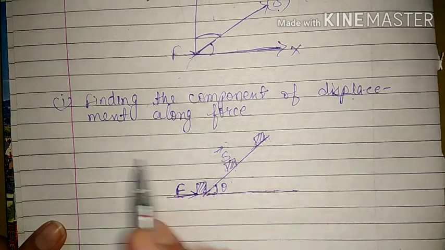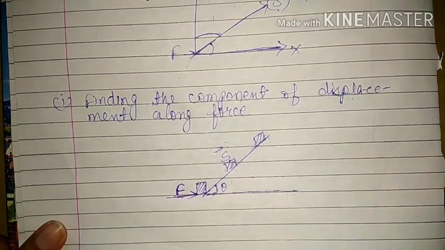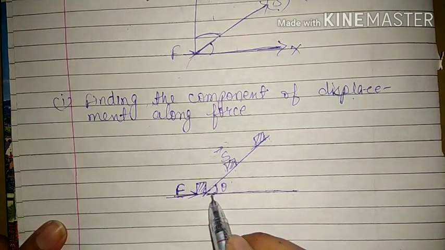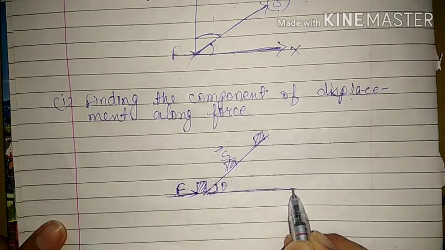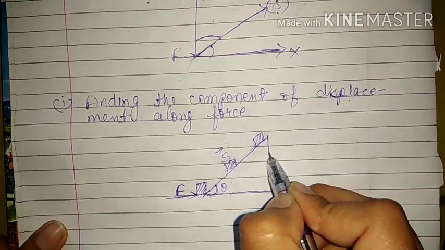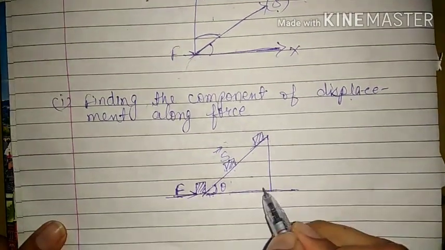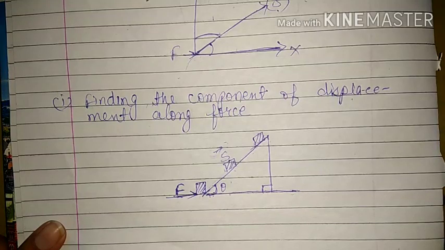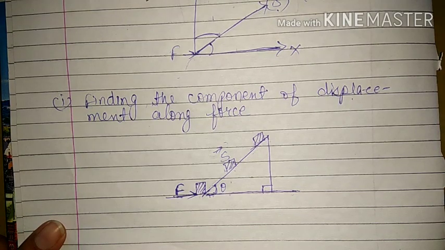First of all, we have to make this horizontal line, our straight line, and then draw one perpendicular on this horizontal line. Perpendicular means 90 degrees.